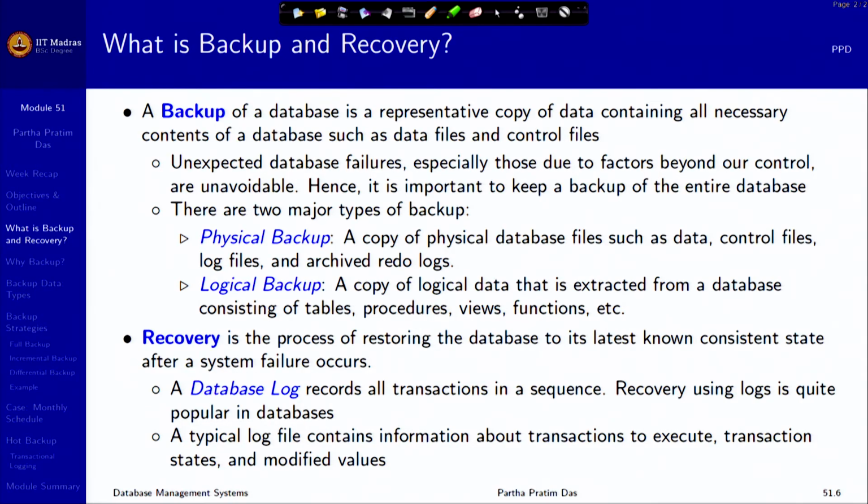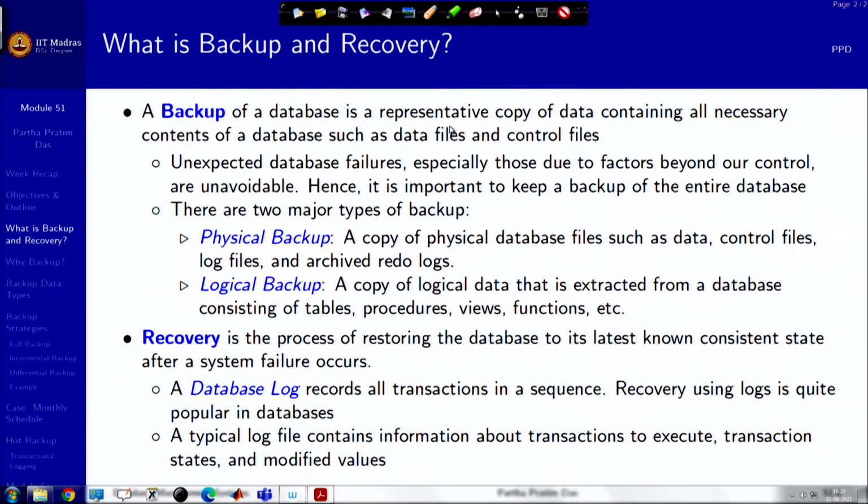So, backup of a database is similarly a representative copy of the data containing all the necessary contents of the database, like data tables, control files, so that unexpected database failures, which are due to factors that are beyond our control, can still be handled by recovering from those backups.